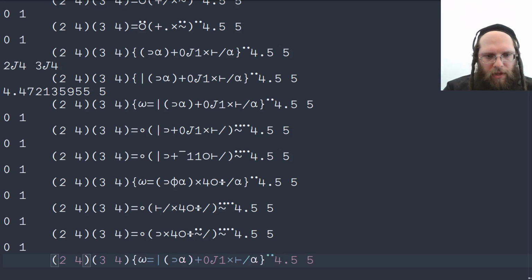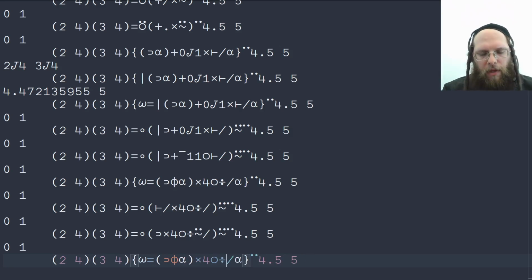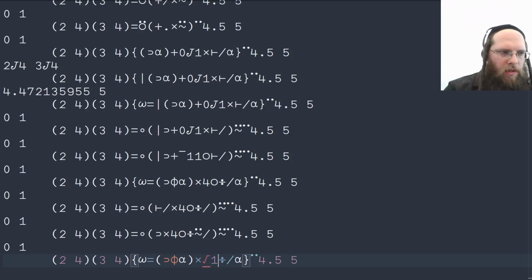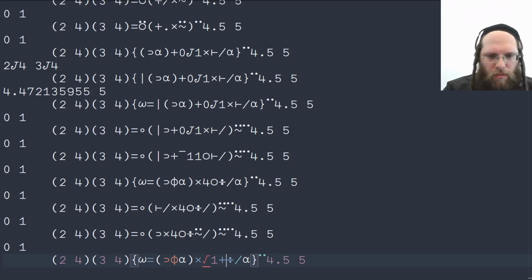Let's go back to our definite form with 4 circle right here, this one. The definition of 4 circle is the square root, which we don't have in this APL, but we're using this as a placeholder. We're going to eliminate it later. So the square root of 1 plus the square.